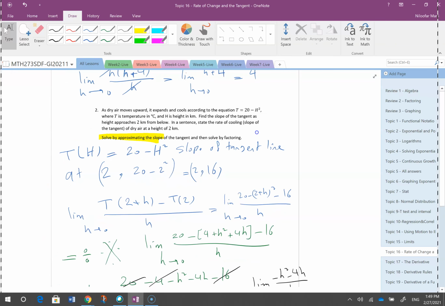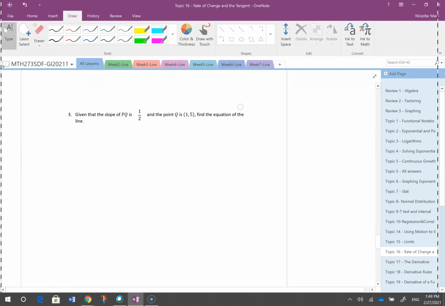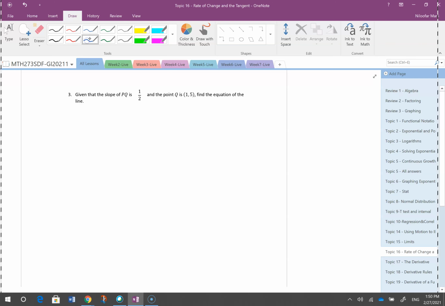You can find it. Okay, so this question: given that the slope of PQ is 1 over 2 and the point Q is (1, 5), find the equation of the line. This is just an example about lines. I have the slope, so y equals mx plus b, which is x over 2 plus b.